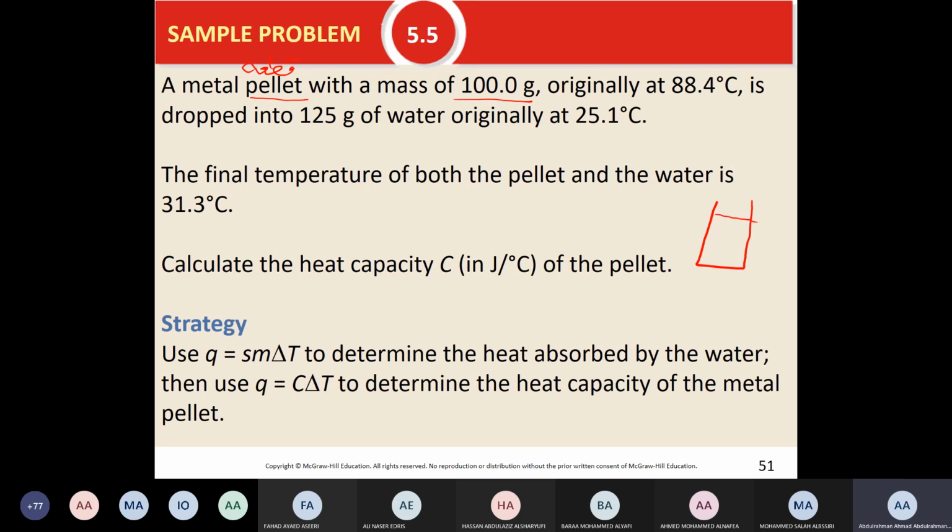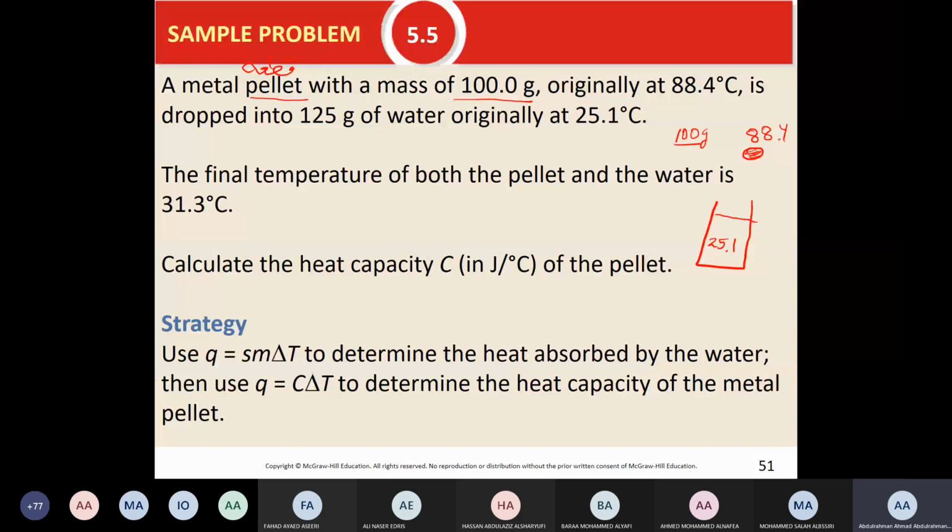What's the temperature of the water? 25.1. What's the temperature of the billet? 88.4. Very good. We know the mass of the billet is what? 100 grams.